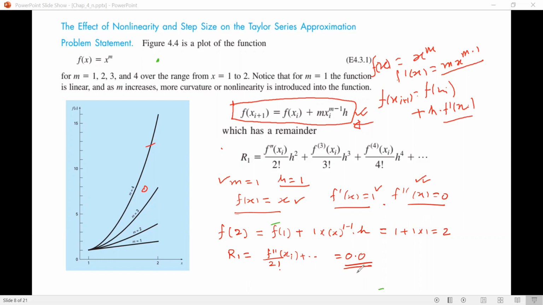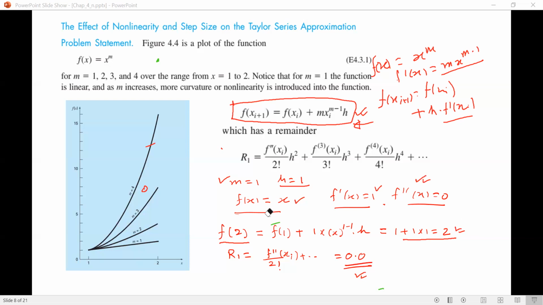And your remainder would be equal to 0. That means your prediction will be accurate. So your prediction is this, okay? If you want to find the value at x equal to 2, then the value is equal to 2, and it is easily understandable that it is accurate because no remainder is there.